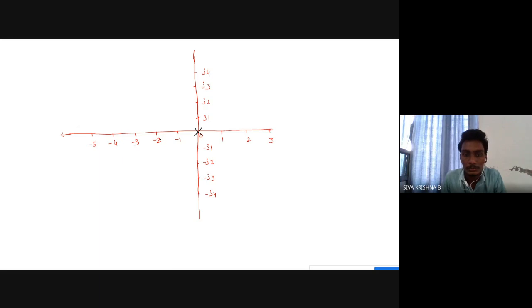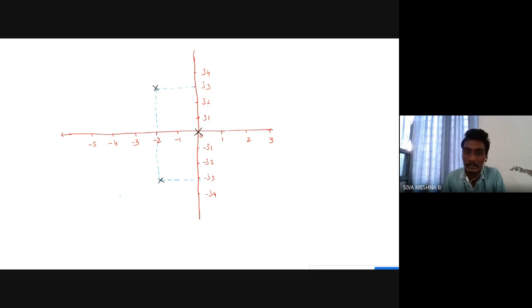Zero, minus 2 plus or minus j3. So this is the j3 term, and here this is minus 2, so across this here is one pole, and one more is minus j3. Indicate with the dotted lines. So this is the graph, this is the poles location.